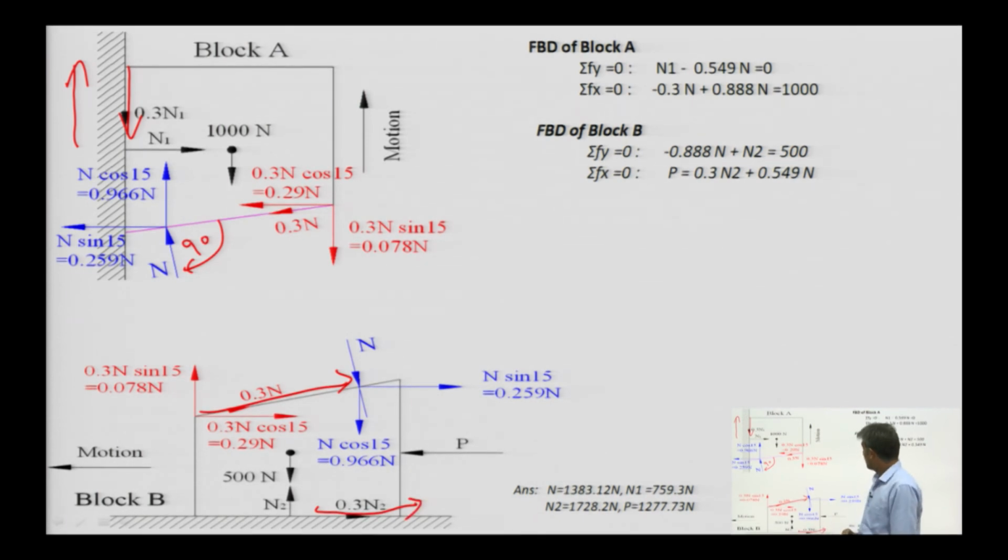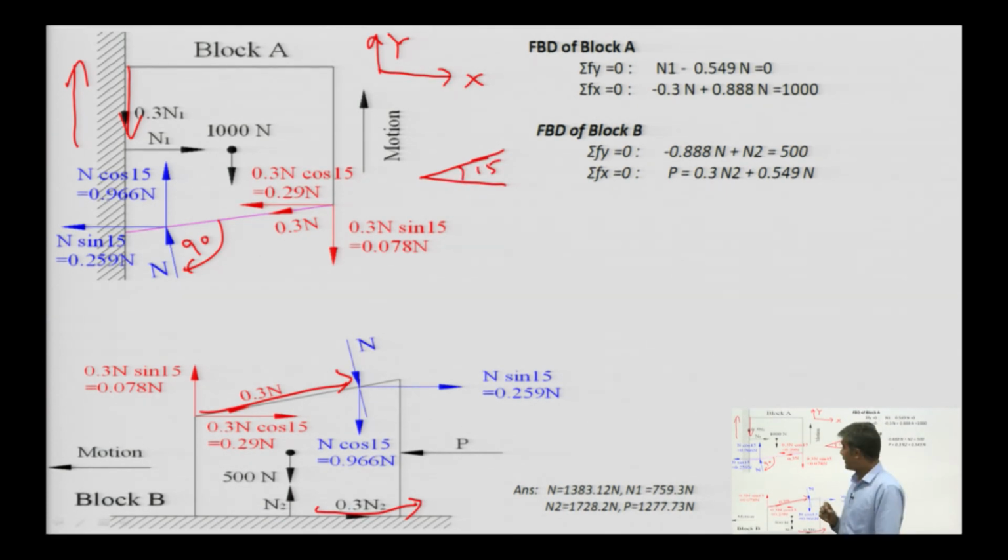For simplicity, all the forces have been resolved along the x and y axes, because this plane is inclined at an angle of 15 degrees. So the horizontal component is N sin 15, meaning 0.259 N, and the vertical component is 0.96 N, represented over here, and with opposite sign it is shown in the lower block also.